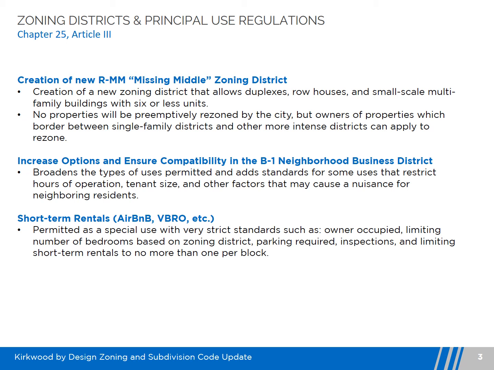But along with that, there are also very strict standards. Some of them are listed here. Requires owner occupancy. It requires limiting the number of bedrooms based on the zoning district, requiring parking on site, requiring annual inspections, and limiting the number of short-term rentals to no more than one per block.